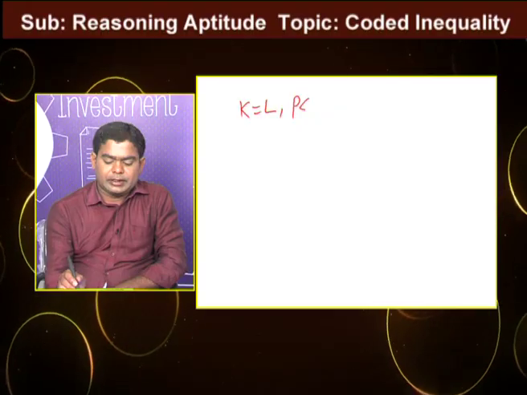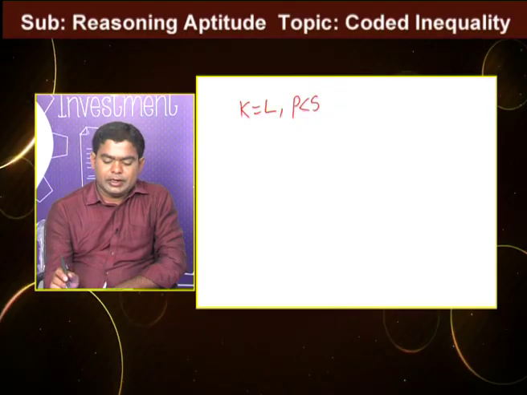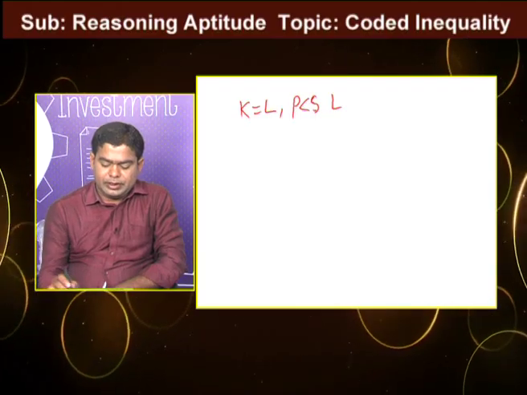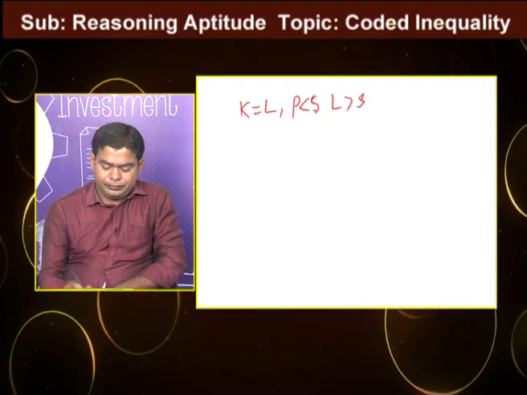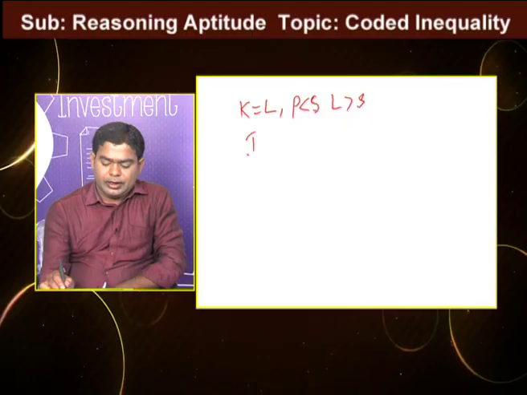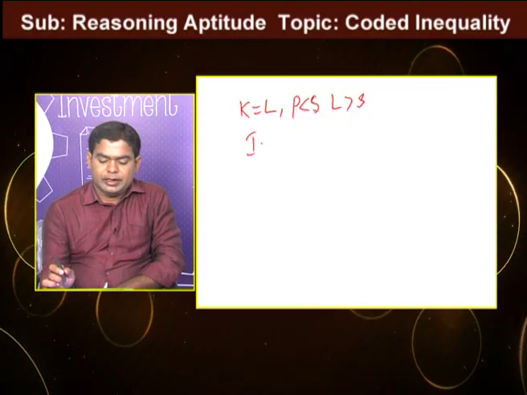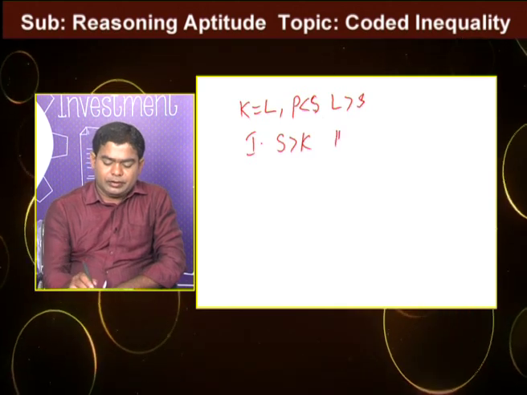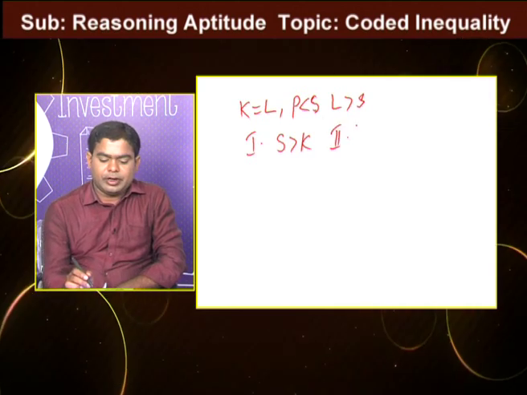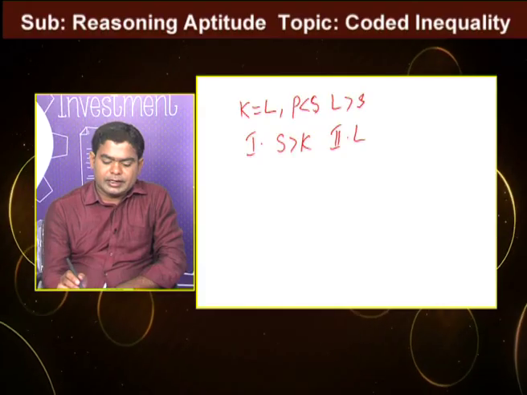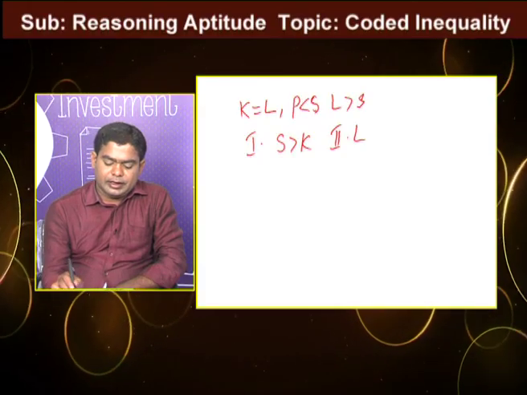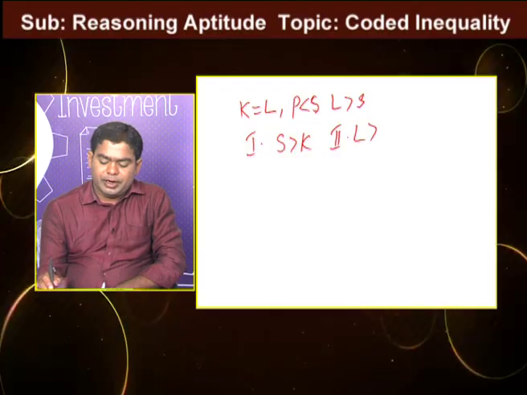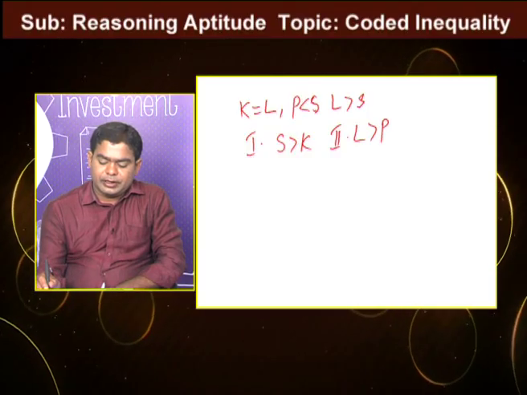P $ S, $ denoted less than, so P less than S. L @ S, in our question @ is denoted greater than, L greater than S. So we go to the conclusions. Conclusion 1 is S greater than K. Conclusion 2 is L greater than P.